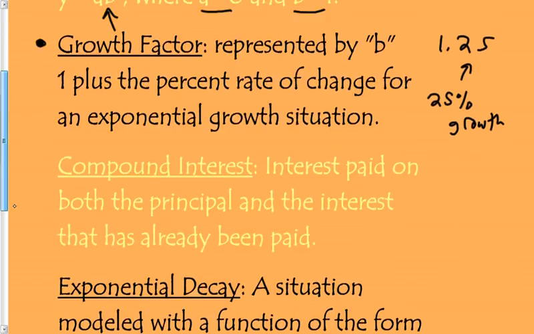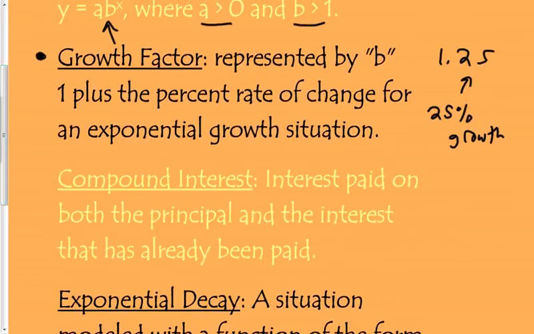All right? We're going to talk about compound interest today. And when you get into the financial world or anything with stocks and bonds or savings accounts, you get interest on things. Compound interest is one of these types of interest, and it actually is an exponential thing. So compound interest is interest paid on both the principal and the interest that has already been paid.